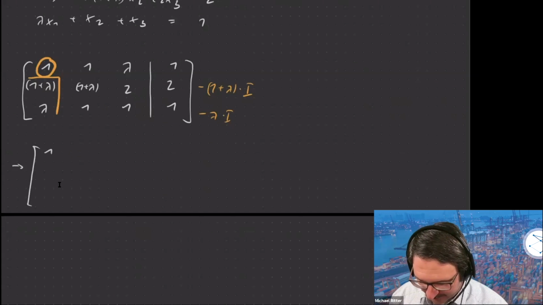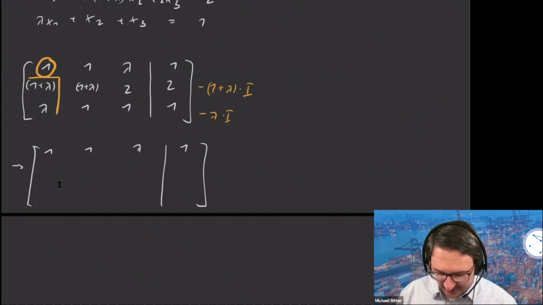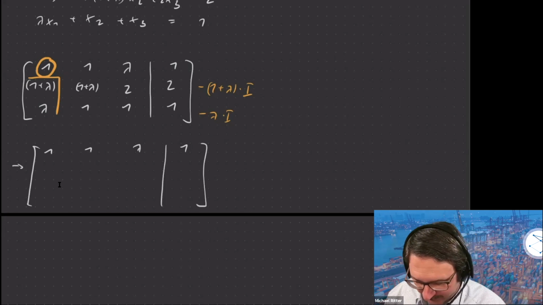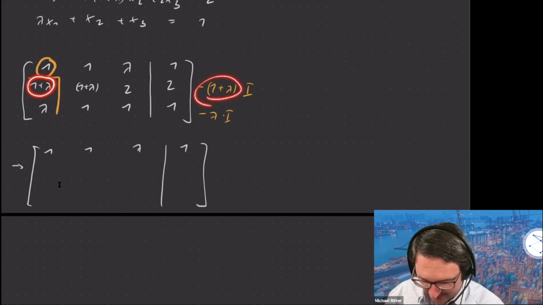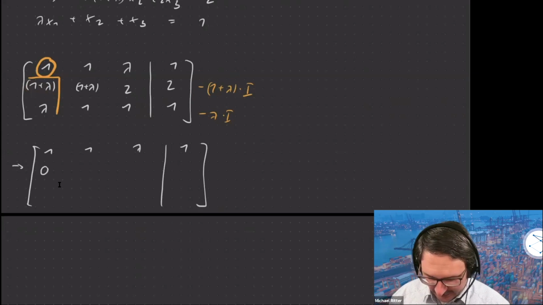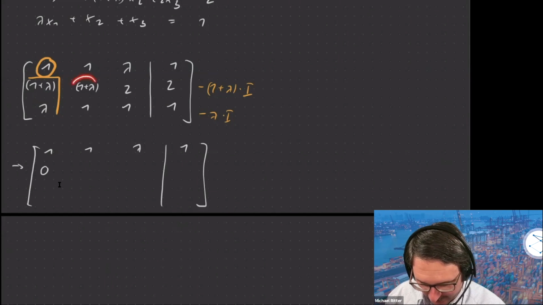We just copy the first row like that. For the second row, we get 1 plus lambda here minus 1 plus lambda times 1. So that's a 0. Here we have 1 plus lambda minus 1 plus lambda times 1.